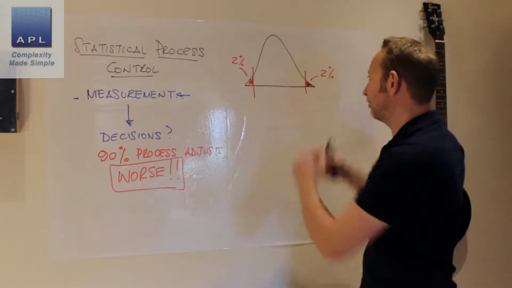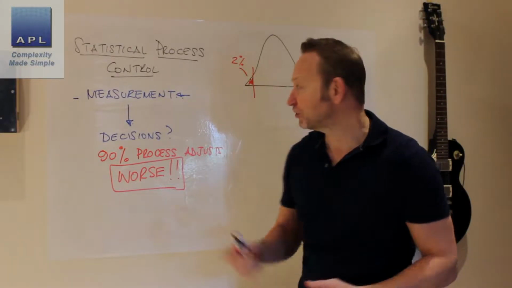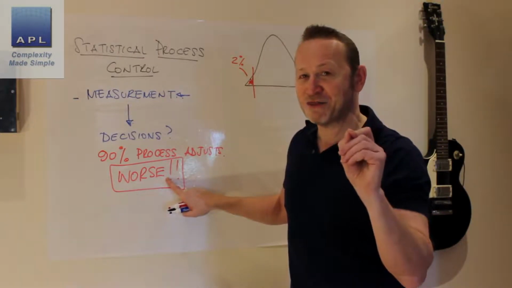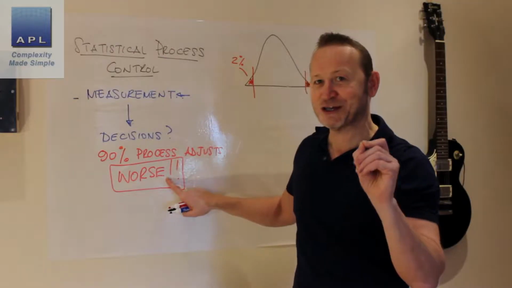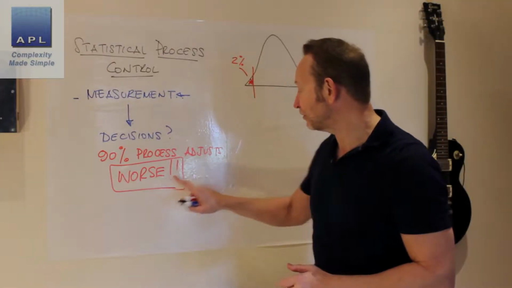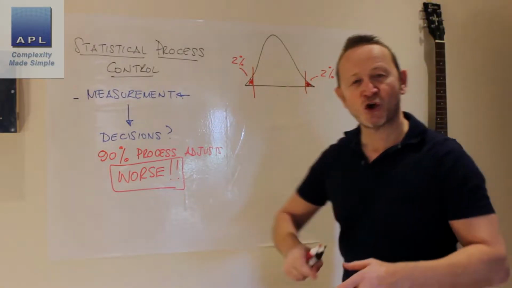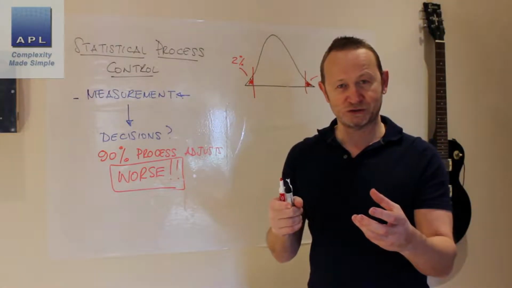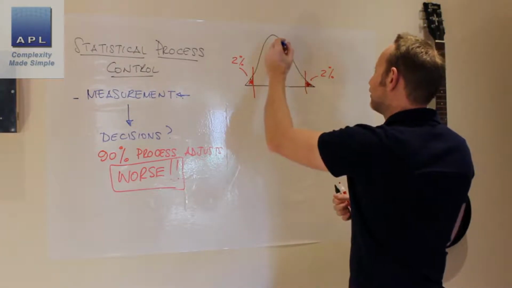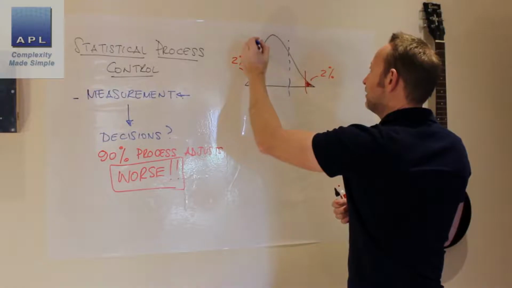Now look at the picture. So this is what I said, that 90% of the time they make it worse, and they don't know they're making it worse. That isn't what the data is telling them. So let's see what happens. Look at the picture. Where is most of the results? Well, most of the results, look, is in this nice big fat section in the middle.